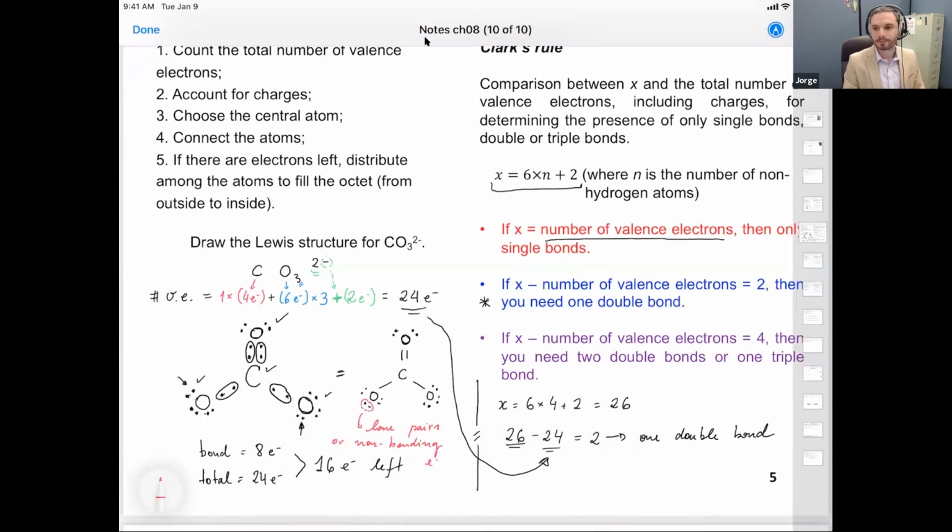Okay, so any pair of electrons that is not being bonded to anything is called a lone pair or non-bonding electrons. And I want you to always represent them in the structure of the compounds.